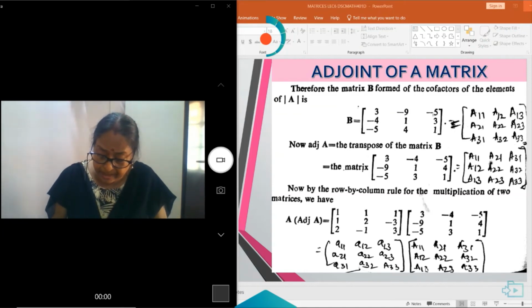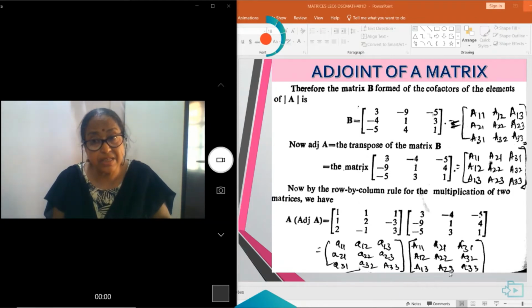But in the second case, if I multiply the first row by the second column of adjoint A, we find that small a11 is multiplied with capital A21, small a12 with capital A22, and small a13 with capital A23, which gives the value 0.